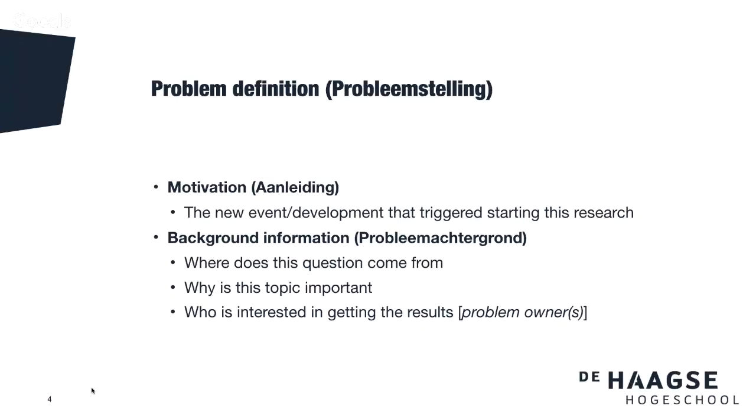What is the motivation behind it? The motivation is not that the temperature of the world is rising. The motivation is the thing that triggered the start of the research. So it can be that because last month there was a flood in Zoetermeer and 100 people died, and the government thinks that, okay, this is probably because of global warming. We need to do some research in global warming. So this is the motivation, the trigger that triggered the start of this research.